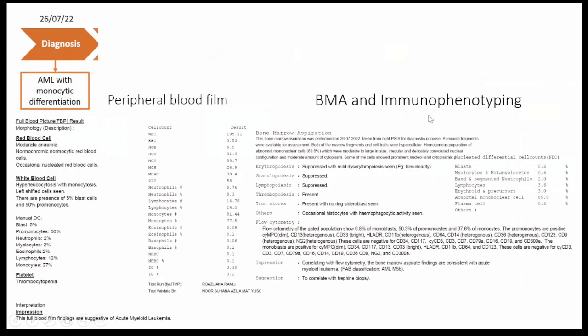So this is the diagnosis, where based on the blood film, the majority are promonocytes, which are 50%, and blasts 5%. Based on flow cytometry, there are 0.8% monoblasts, 50% promonocytes, and the rest are monocytes. So the findings are consistent with AML M5B.